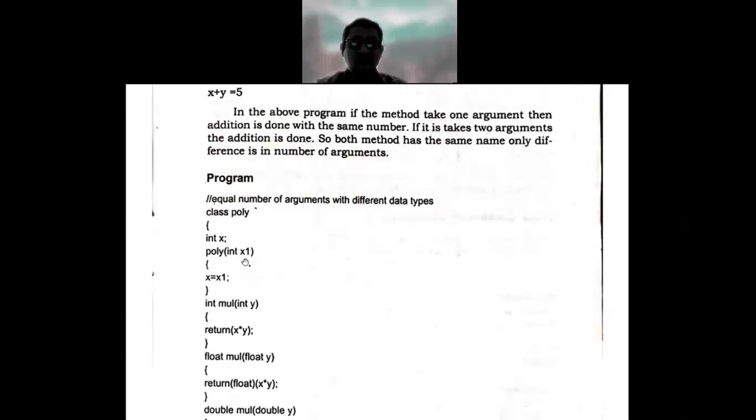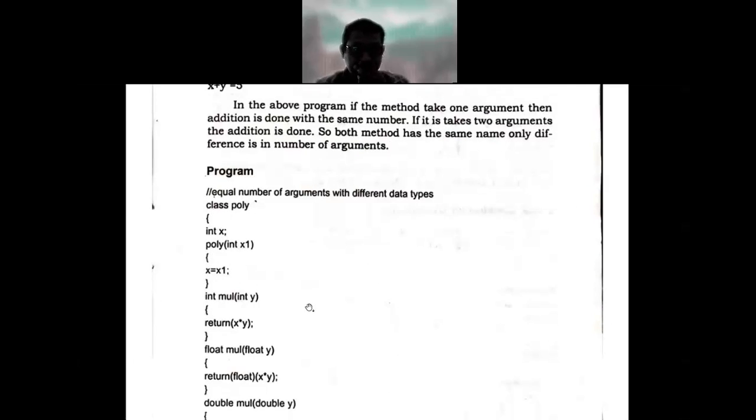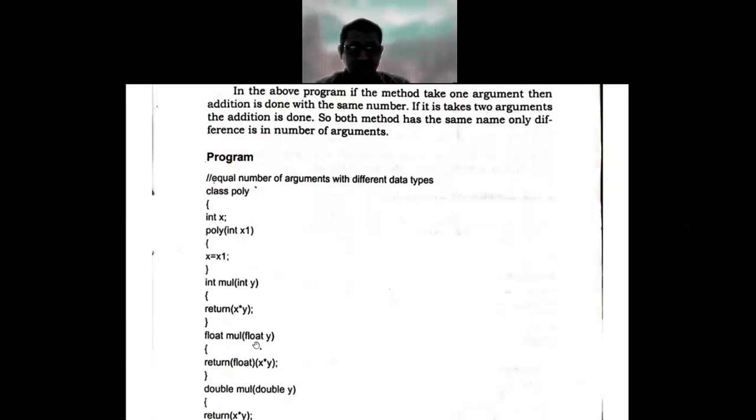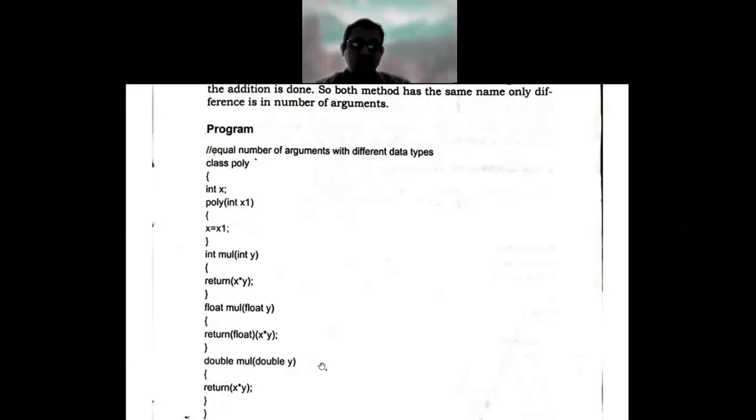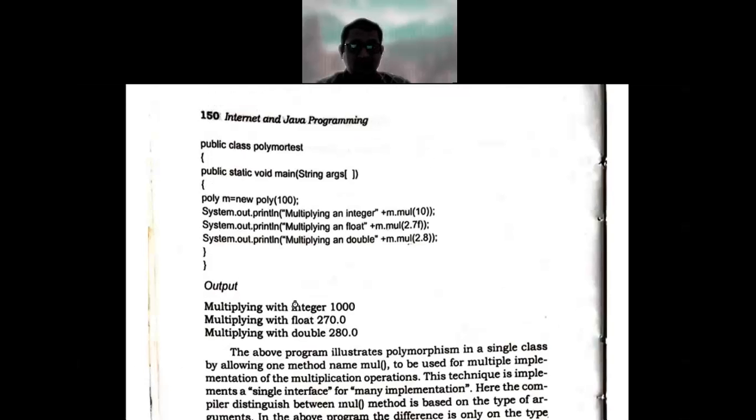Int x, Poly x1, x equal to x1, then int mul with int y returns x into y, then float mul with float y returns float of x into y, then double mul returns x into y, etc. So these are different versions of the same function. They multiply itself.